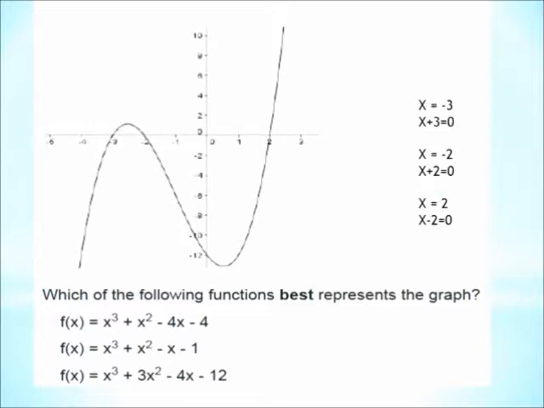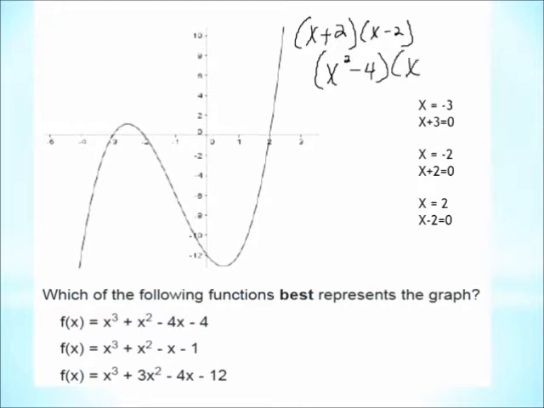So if we take these and begin to multiply them together, I'm going to multiply my x plus 2 times x minus 2, only because I know that I have a difference of squares problem here. And my result is going to be a very simple binomial of x squared minus 4.